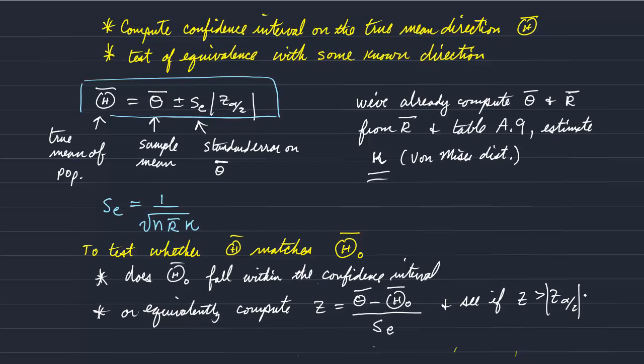And we see if the absolute value of that z-value exceeds the critical z-value.